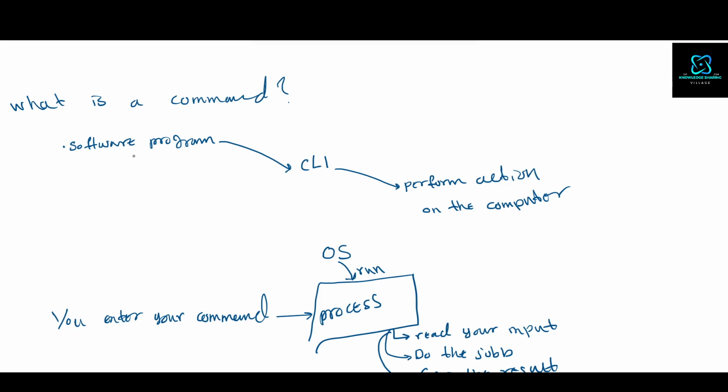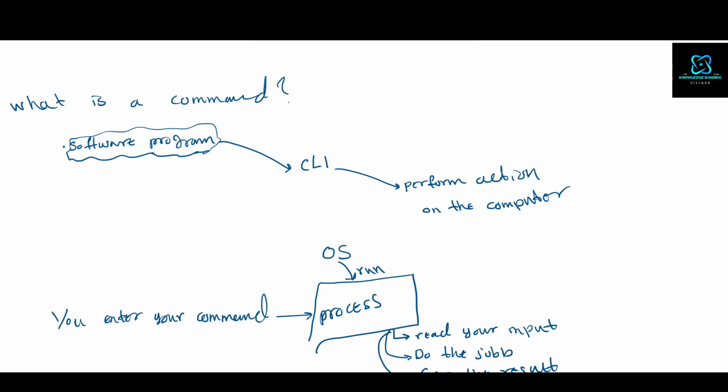But what is a command? First of all, it is a software program. The first thing you need to know about a command is that it is a software program that, when executed on the command line interface, performs an action on the computer.